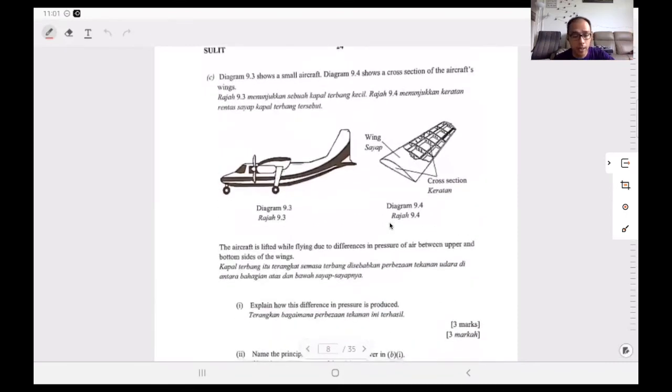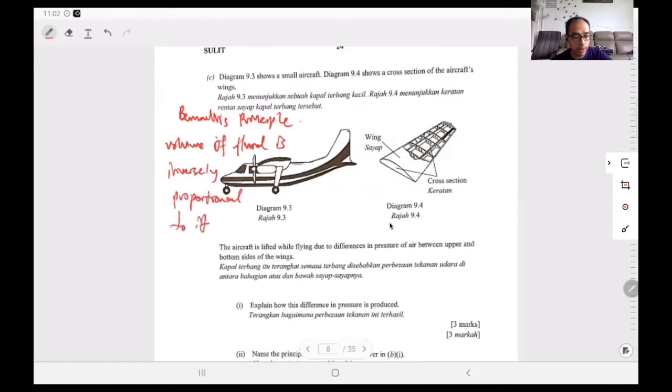Now Bernoulli's principle, let's recap. Bernoulli's principle states that the volume of fluid is inversely proportional to its pressure.